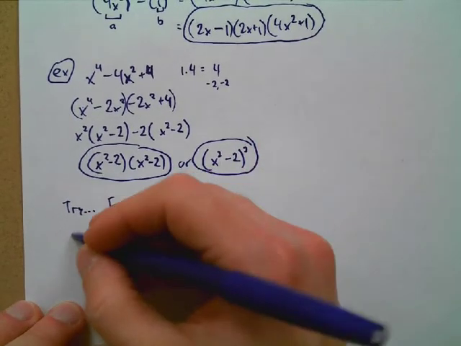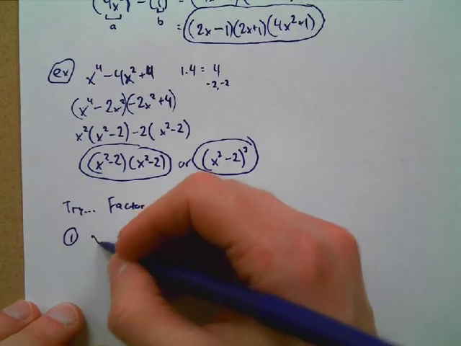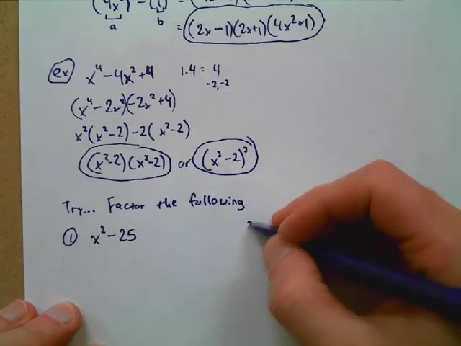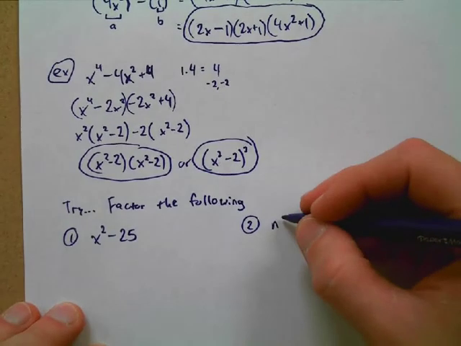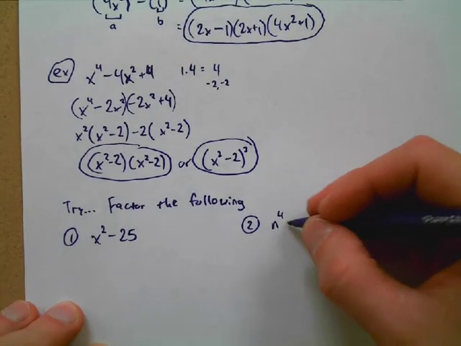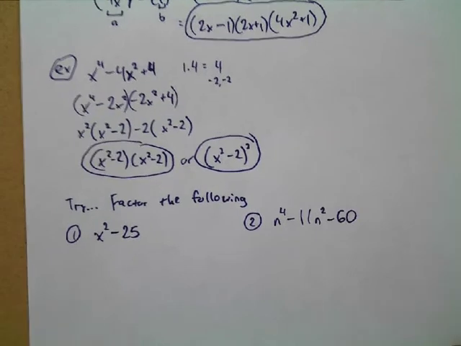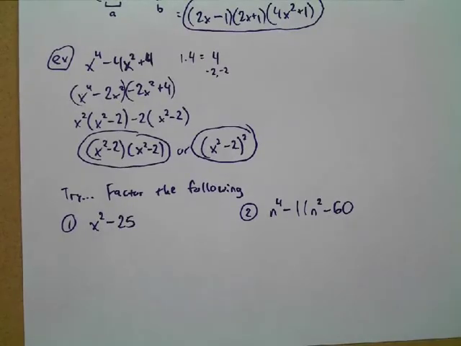One, x squared minus 25. And 2, n to the 4th minus 11n squared minus 16. So give those two a try, and I'll come around and help if you need some help.